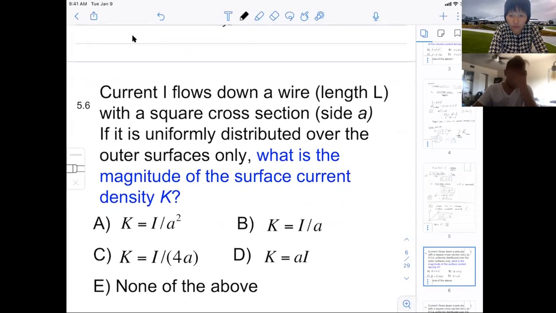Each side has a length A, and the total wire has a length L. How do we represent the surface current density if we know the total current is I? This is the first question for our current density, so I'll let you discuss. For the next couple of questions, maybe we'll just vote right here. Maybe a minute or two, and you can go ahead and join the breakout rooms.